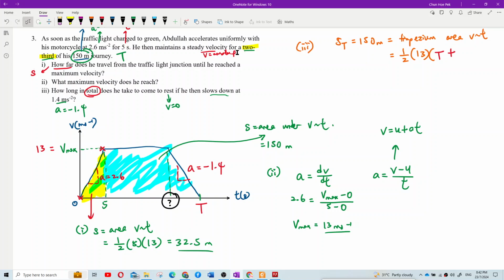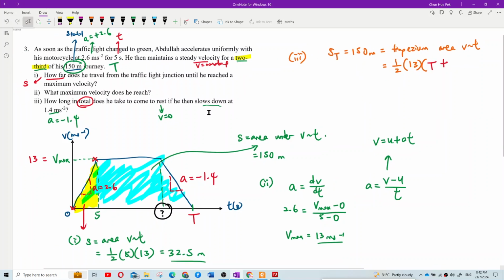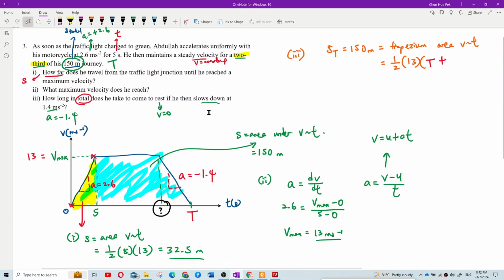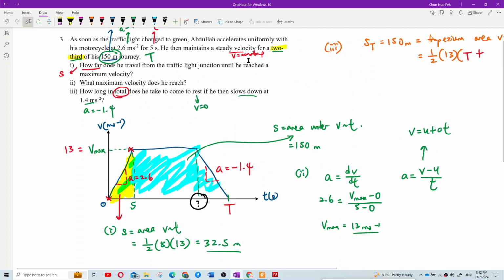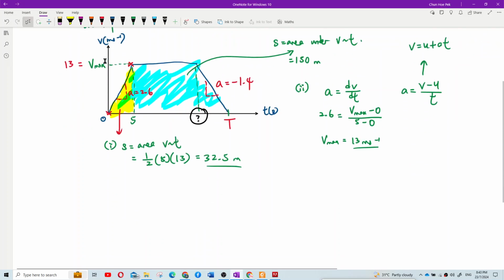That means this one is 2/3 of the time, 5 seconds. So 2/3, okay, let us try. That means what it means by 2/3 here, class.